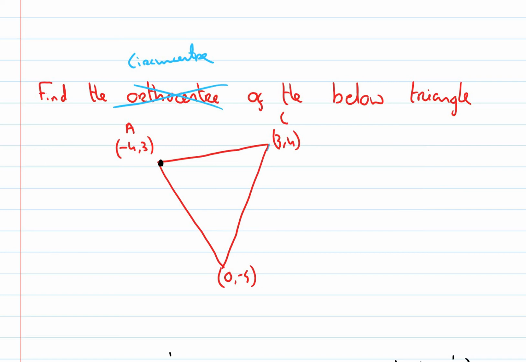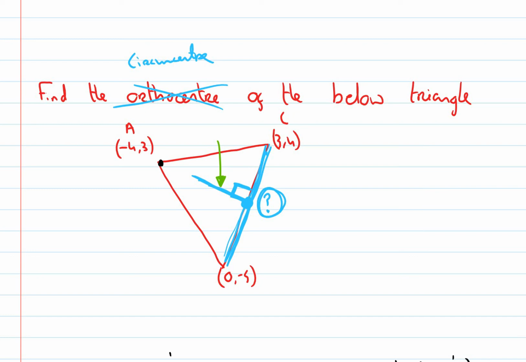Well, that would be the midpoint of this. So what we'd have to do is first get the midpoint of that using our midpoint formula, and then we'd be drawing a line this way which would make a right angle. So we have to get the midpoint of this. We also have to get the slope of this. We change the slope upside down. We'd use that slope and that midpoint to get the equation of this line.